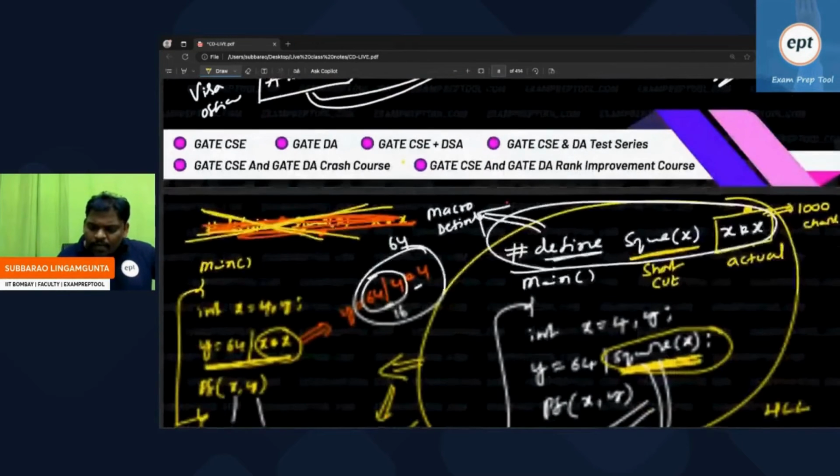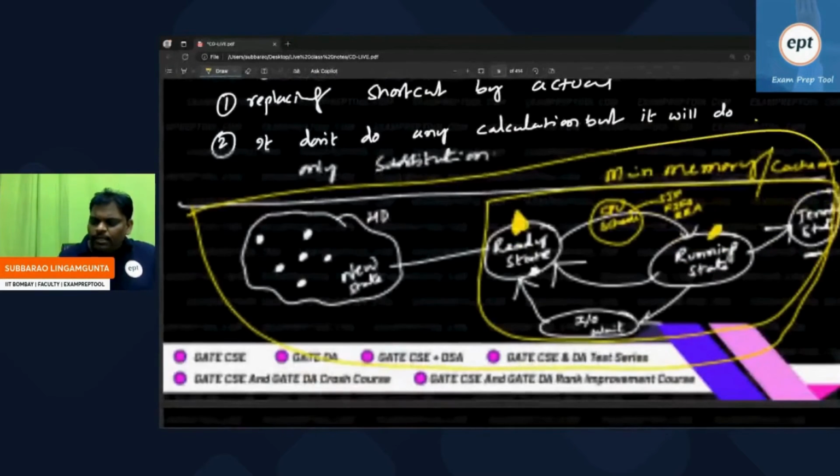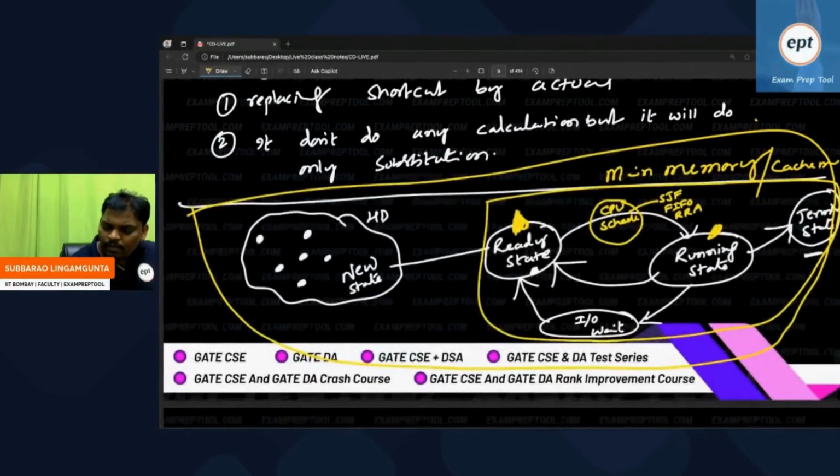Remember, it is a part of the operating system. No need to do more work on this. I gave some rough idea; at the end of the day, all are part of computer science only.